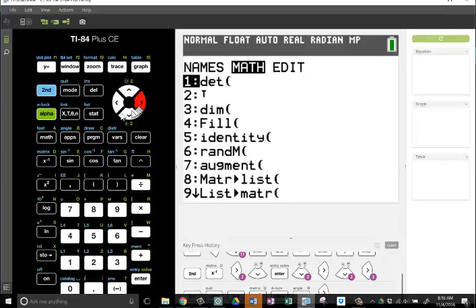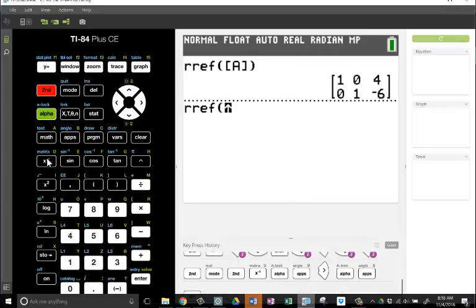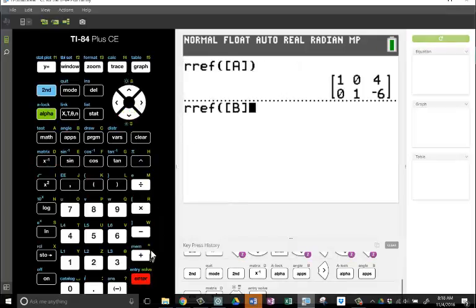So alpha B jumps right to RREF. Now go second matrix, and I have this one in as my second one. So I go down to B and hit enter. Do I need an extra parentheses? Don't need it. Hit enter.